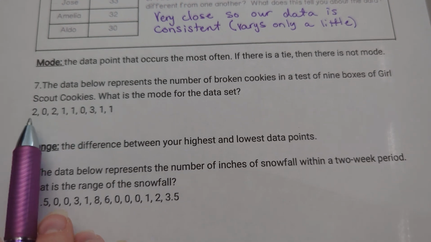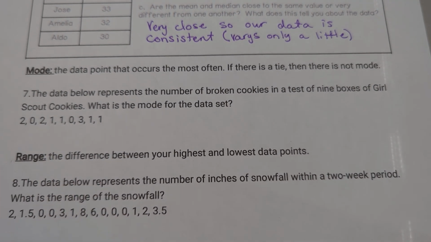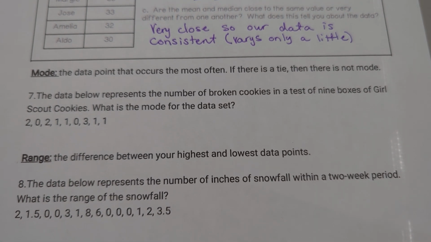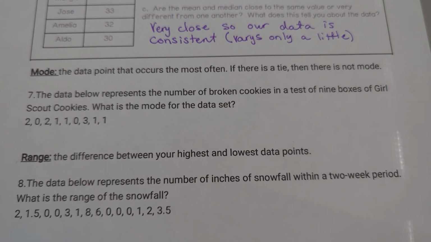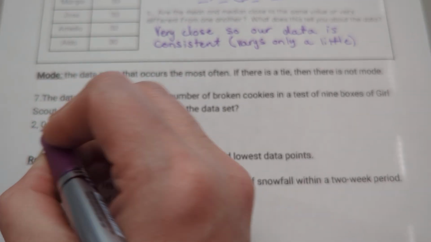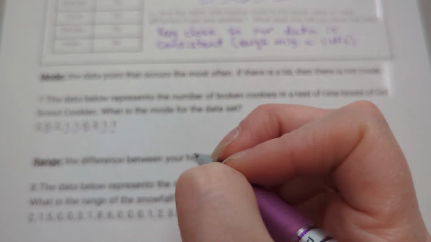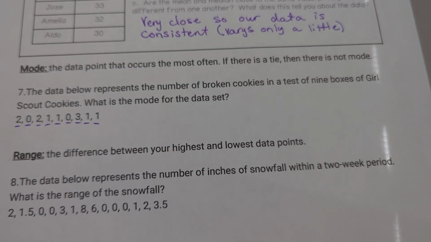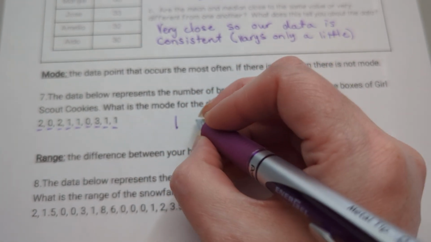All right, so we've got our Girl Scout cookie data again. This is again the number of broken cookies in each of the 9 boxes. So to find the mode, we just need to figure out how many of each number we have. So if you look, I have 2 zeros, I have 4 ones, 2 twos, and a 3. So the one that happened the most was 1.